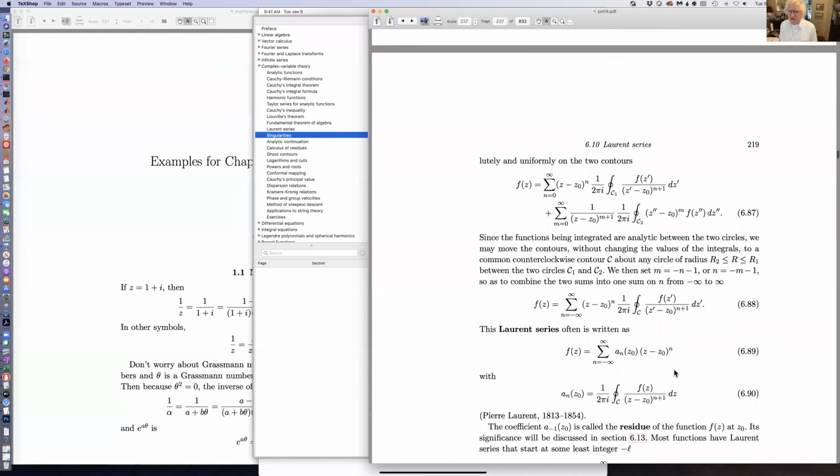What I want to do is the Fourier transform of a Gaussian, and this is a nice example of adding a ghost contour. So let me switch to this integral.